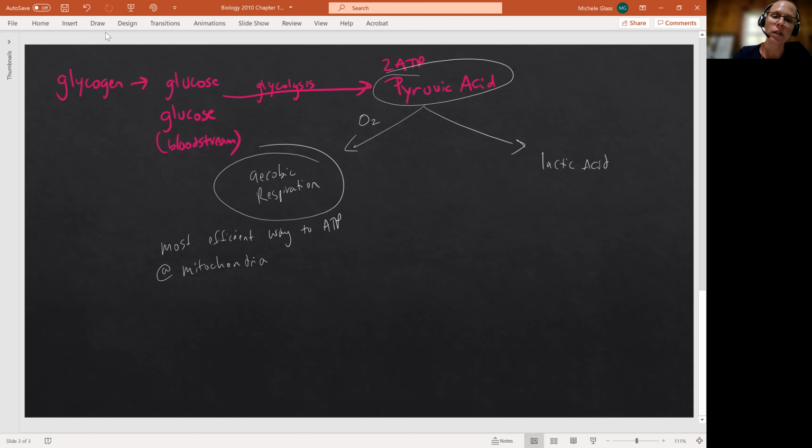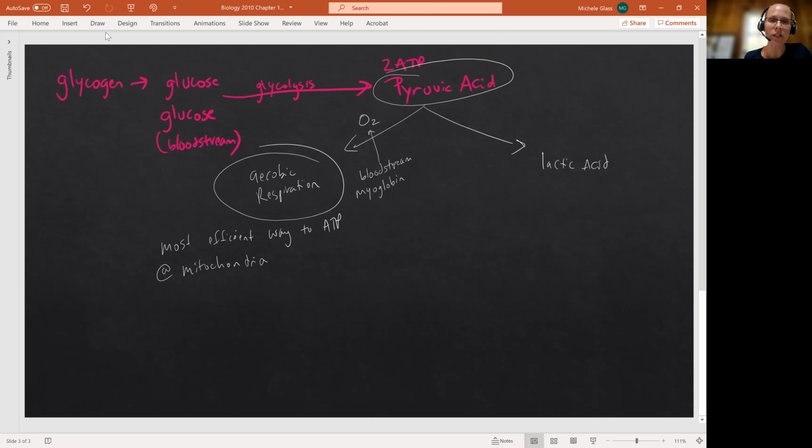Now, the oxygen that we're getting is either going to come directly from the bloodstream. So it does take a little bit of time to mobilize that oxygen and get it to your cells as needed. Or we can actually have stores of oxygen in a muscle cell using the molecule called myoglobin. So myoglobin is a way of storing some extra oxygen in that muscle cell.